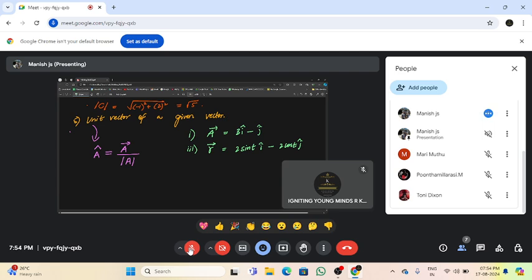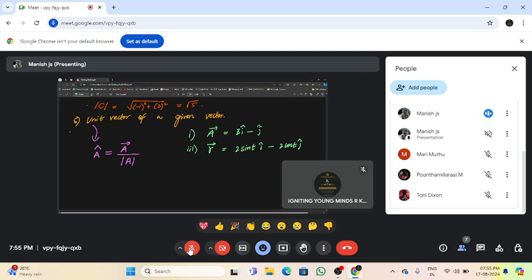I hope you are getting root 10, right? So it is 1 upon root 10 times 3i minus j. That's the value of A cap, the unit vector of A. This is the solution for the first part, determining the unit vector of a given vector.